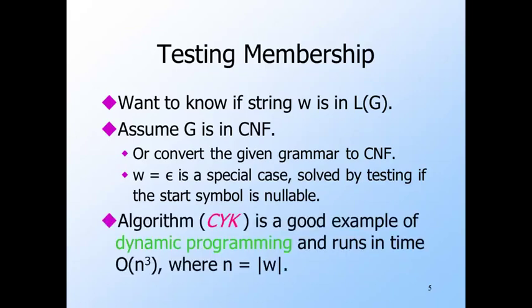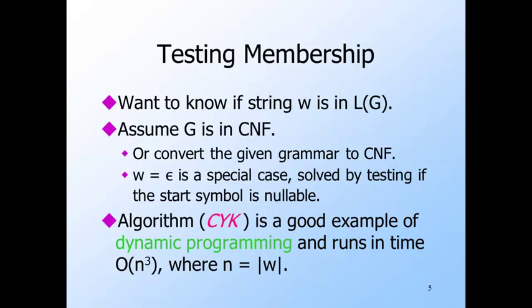We're going to give an algorithm called CYK. The initials stand for the three people who independently invented the idea: John Cocke, Dan Younger, and Tadao Kasami. This algorithm is a great example of a dynamic programming algorithm and worth seeing for that reason alone.